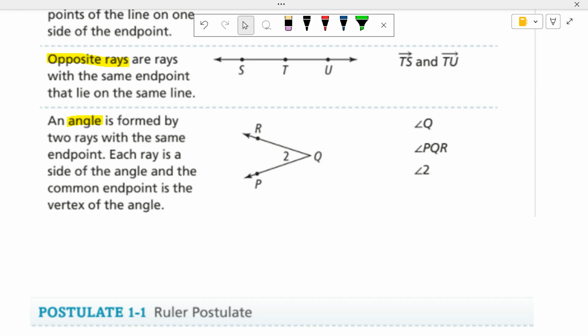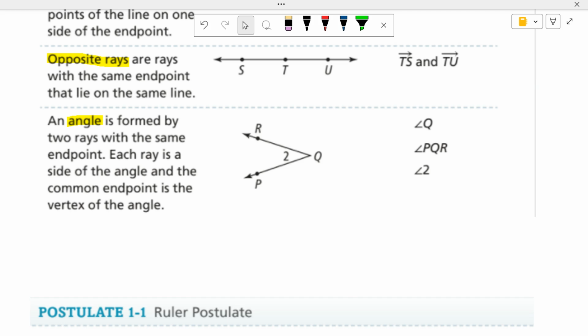But if there's two angles there, we can't just call it angle Q. Because actually, how many angles are right here? Not 2, 3 angles. Okay? There is RQP, there is PQS, and then there's RQS.